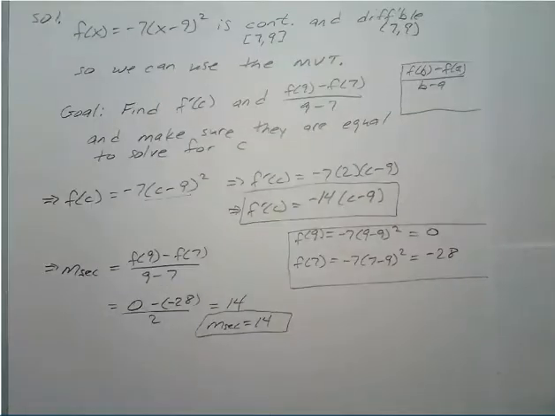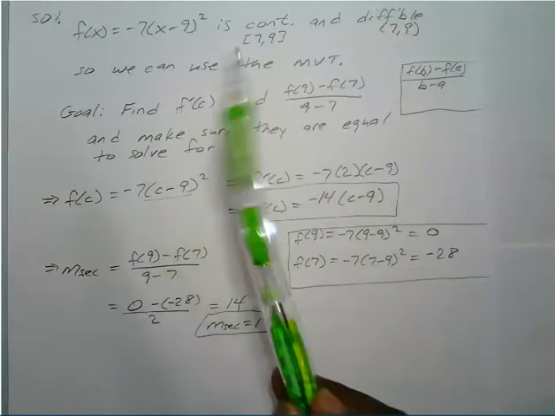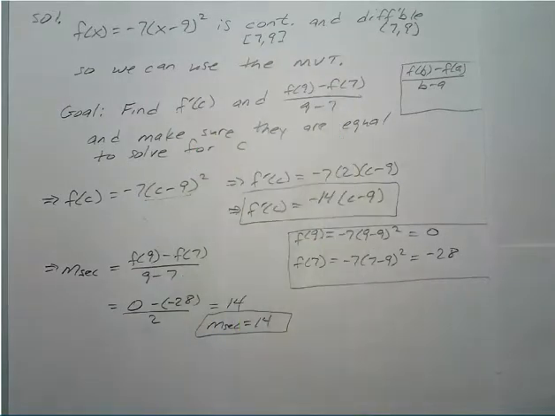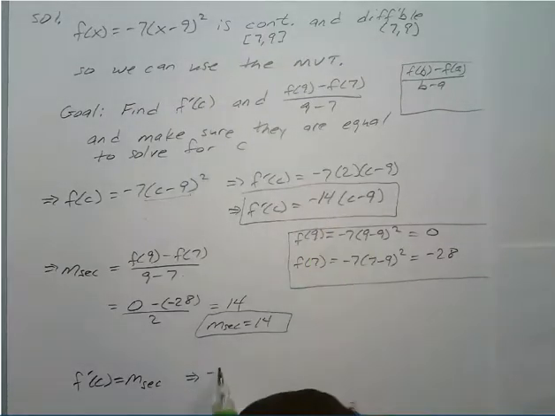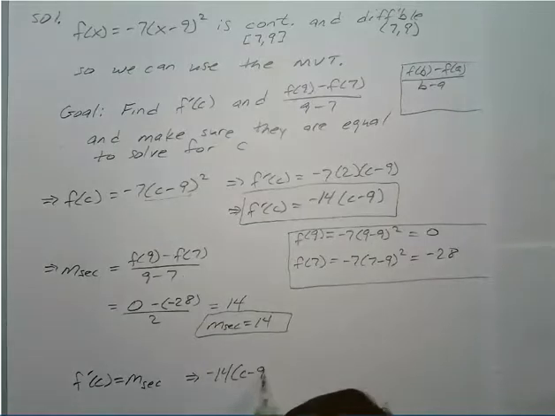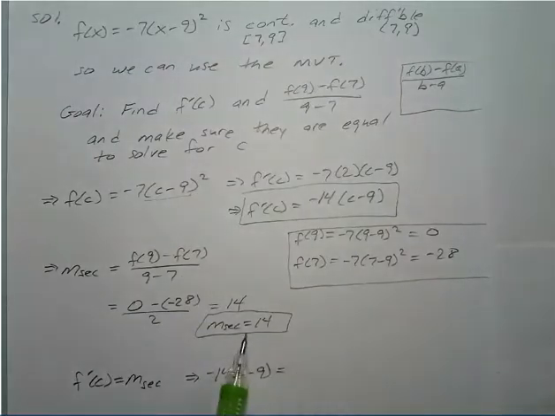All right, so in order to find where our f prime of c is equal to the slope of the secant line, that means we have to find where -14 times c minus 9 is equal to 14.